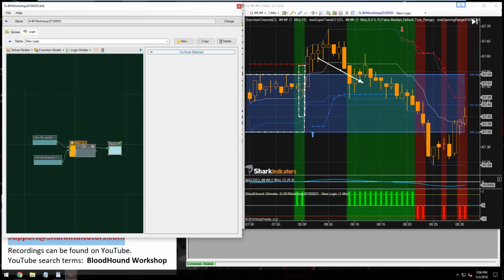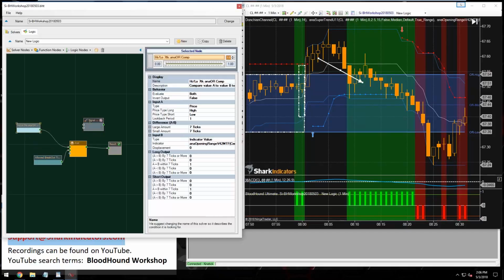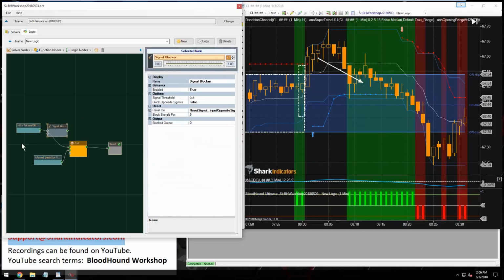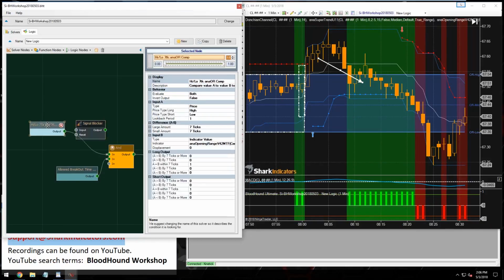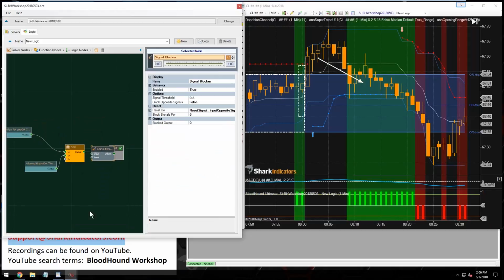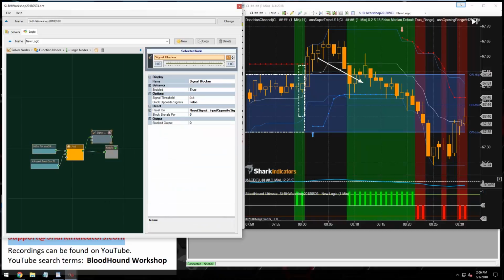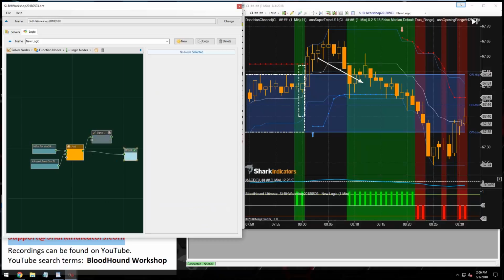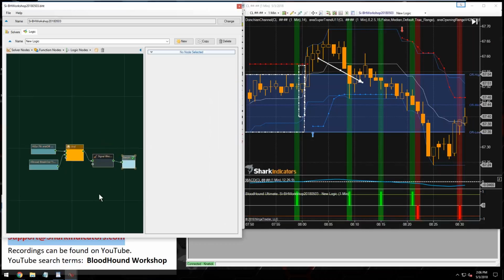Remember from last week, we were using a signal blocker. I can attach the signal blocker right to the solver, or I can put the signal blocker after the AND node. Both will work. And you know what? I'm going to put it after the AND node. I think it's easier to understand if I put it after the AND node like this. All right, so there we go.